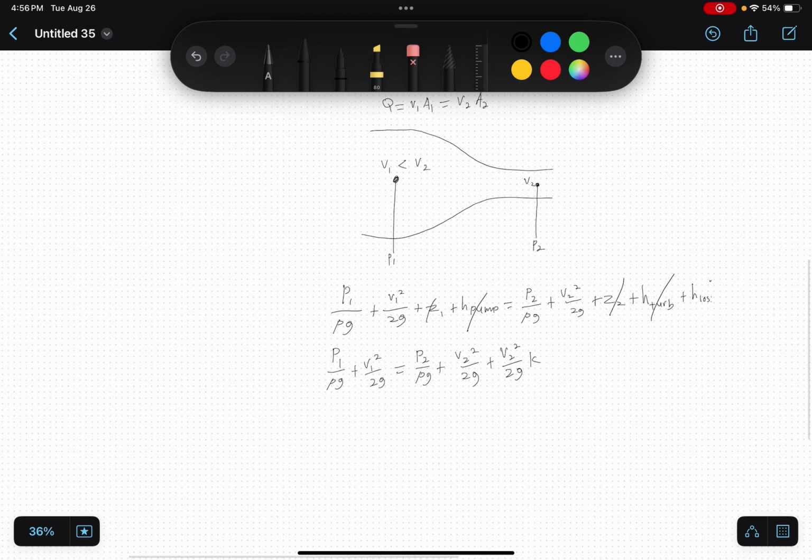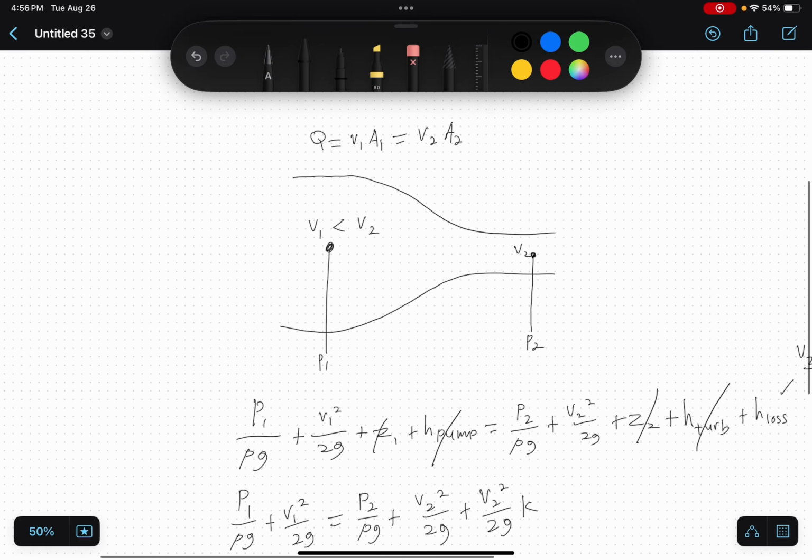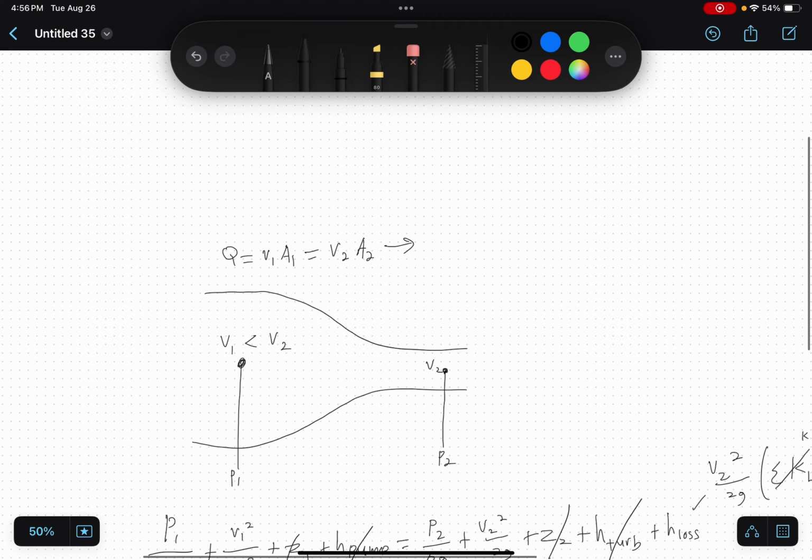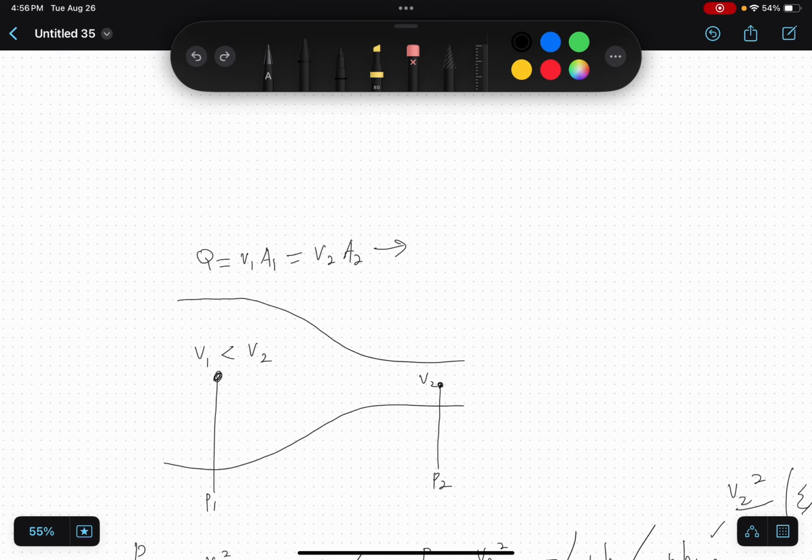Cool. Next step, we use this equation to say you could solve either one. I'm gonna say V2 equals V1 times A1 over A2.